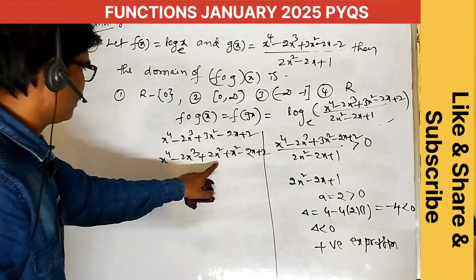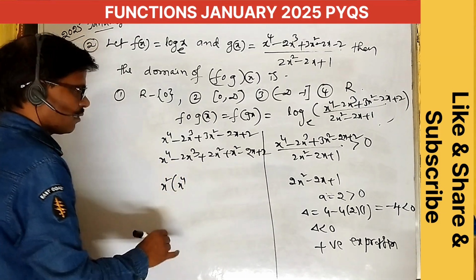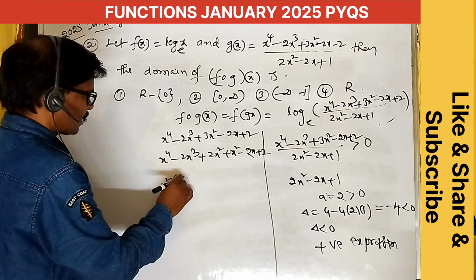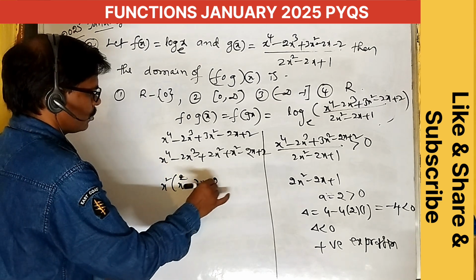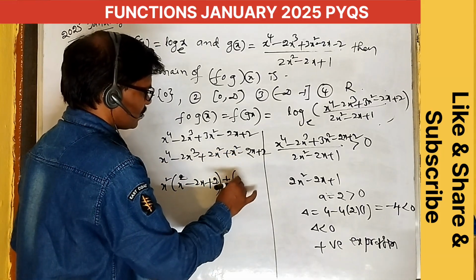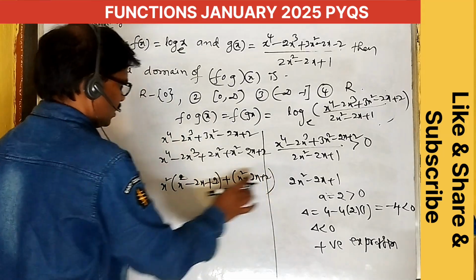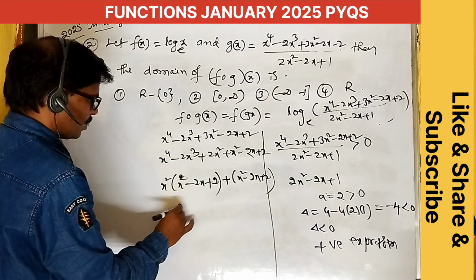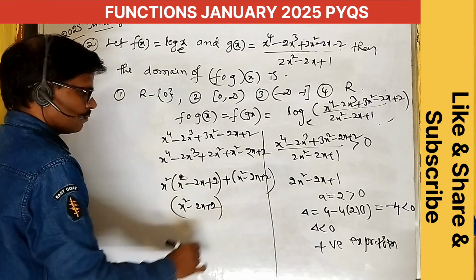What is the common here? X square is the common here, so x power 4 gives x square, and x square is the common with 2x plus 2. Next, 1 is the common, so here also x square minus 2x plus 2. The common is x square minus 2x plus 2, and the other factor is x square plus 1.